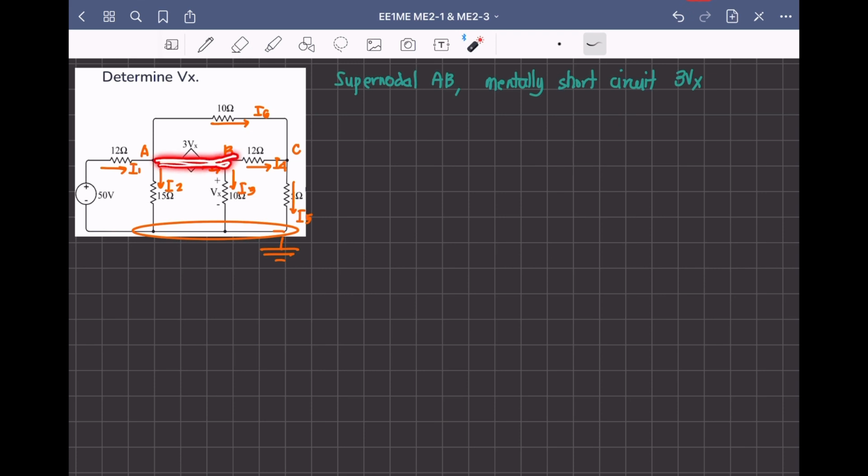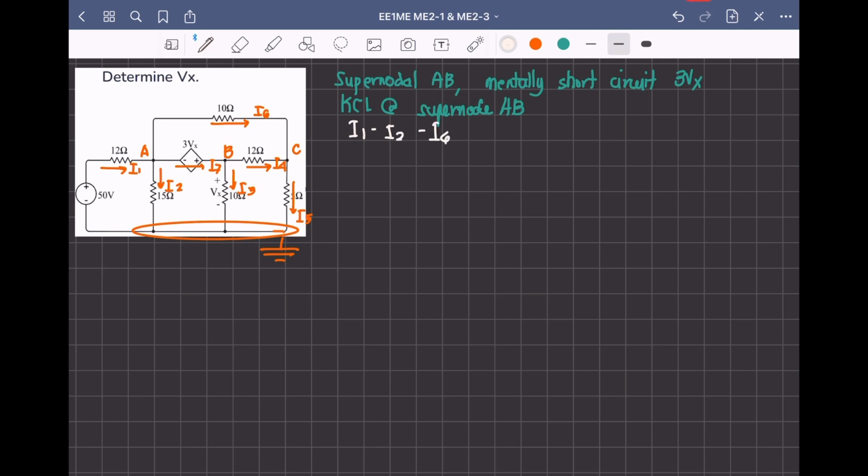Which means, we're going to KCL at supernode AB at lahat ng nakakabit kay A at lahat ng nakakabit kay B ay kasama sa equation. Ano? So, KCL at supernode AB. Okay, and that will result to, punta tayo kay A muna. So, kay A, tatlong branch yan. I1, I2, I6. So, positive I1, negative I2, and negative I6.